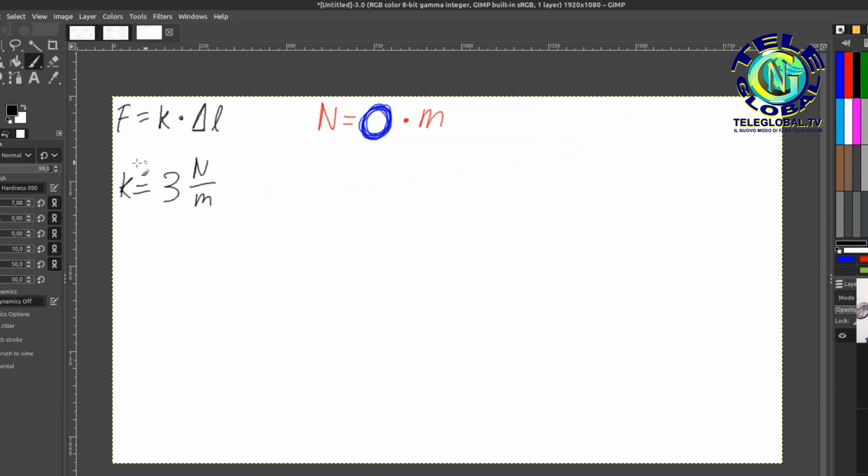So you have this specific spring that has an elastic constant of 3 Newton over meter.